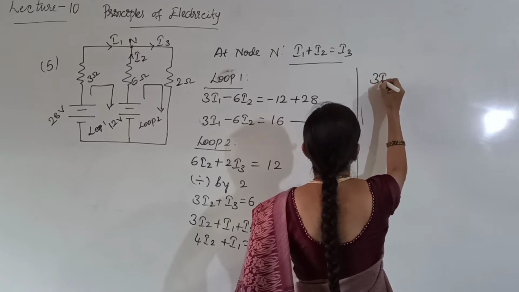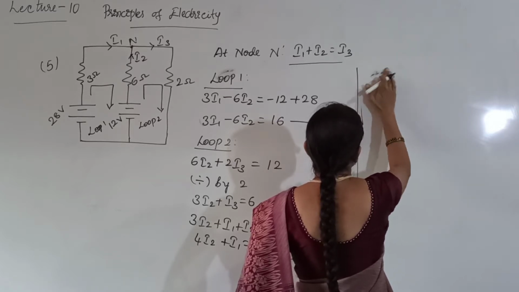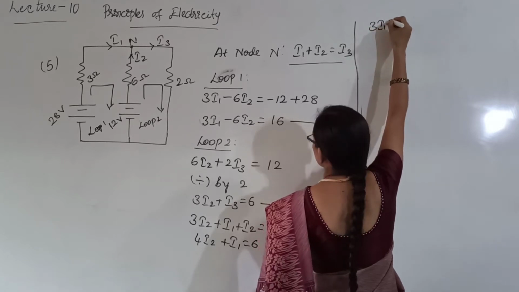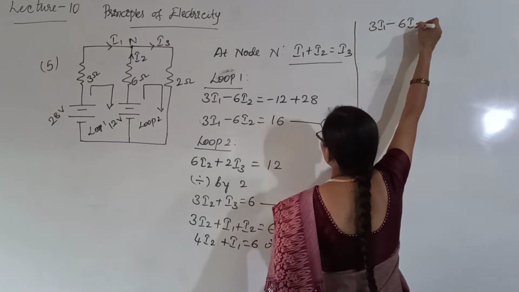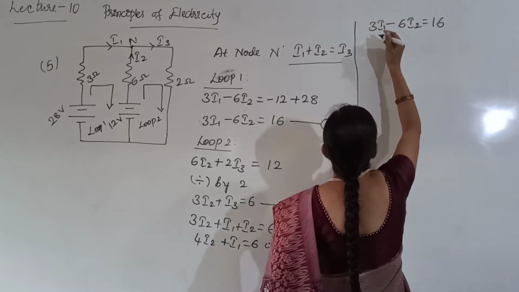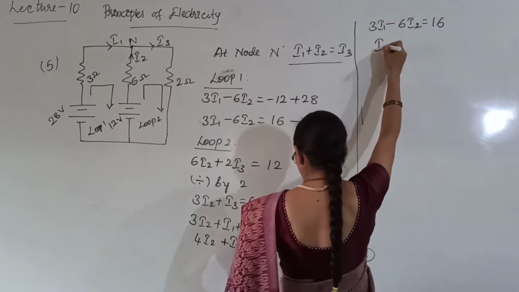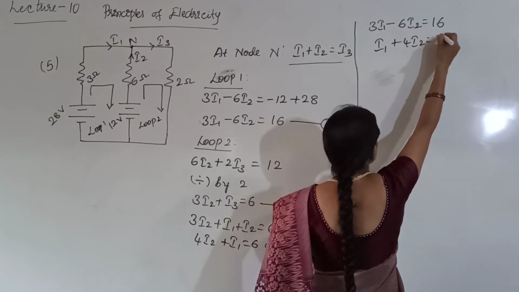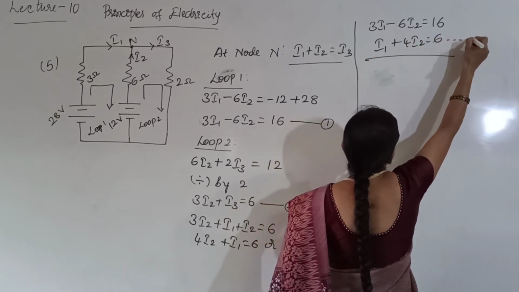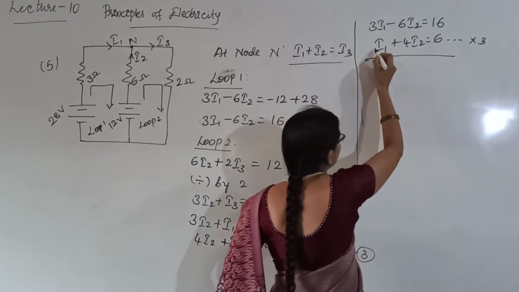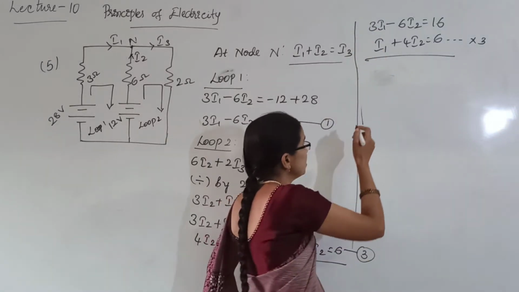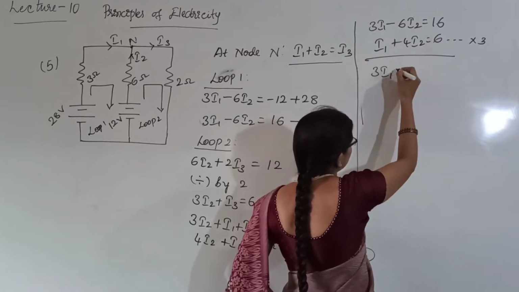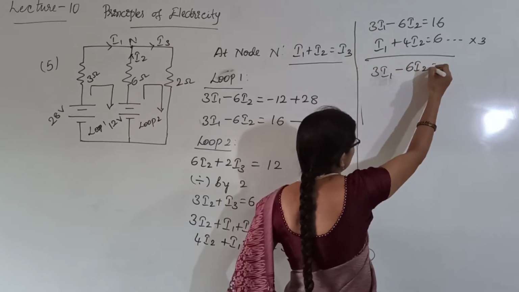First equation is 3I1 minus 6I2 is equal to 16. Here, I1 plus 4I2 is equal to 6. I will multiply this equation by 3 so that I will get a common element to cancel. First equation I will write like that only, 3I1 minus 6I2 is equal to 16.